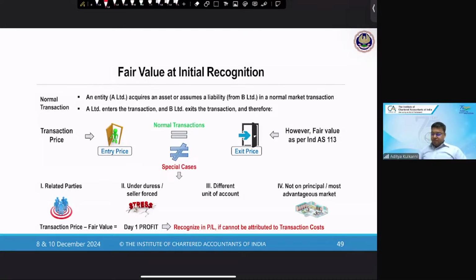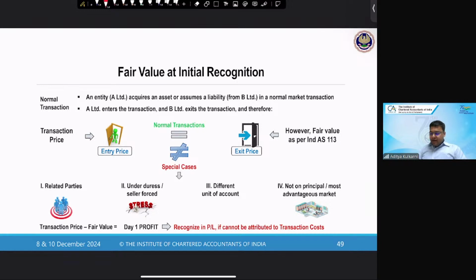Fair value, we always saw that it is an exit price, correct? Yes, sir. A price that would be received to transfer an asset or paid to transfer a liability. This is what we studied.